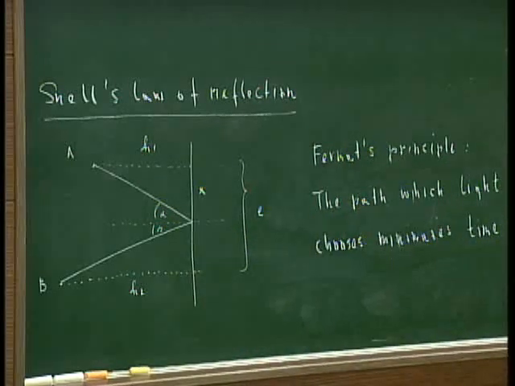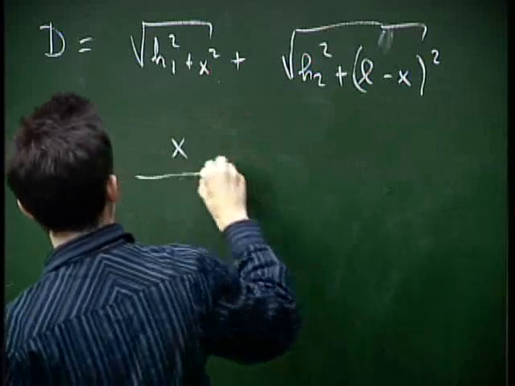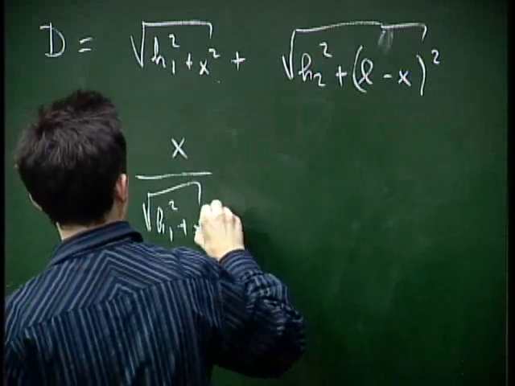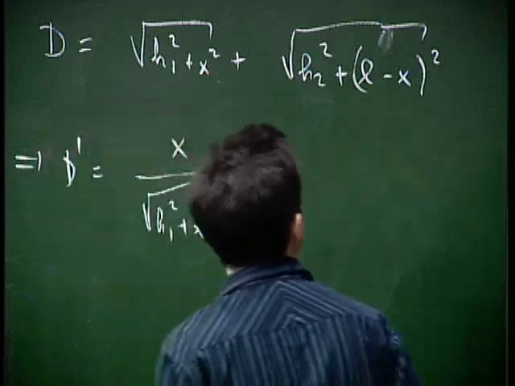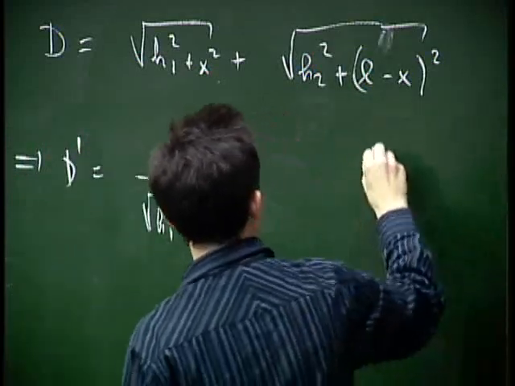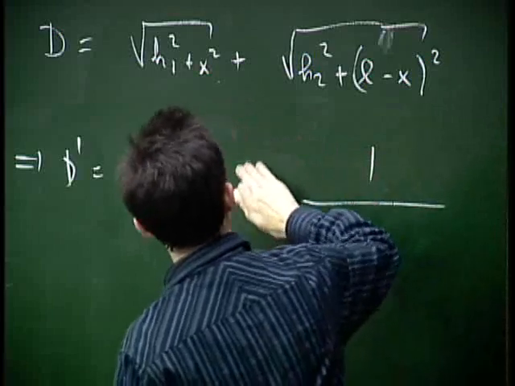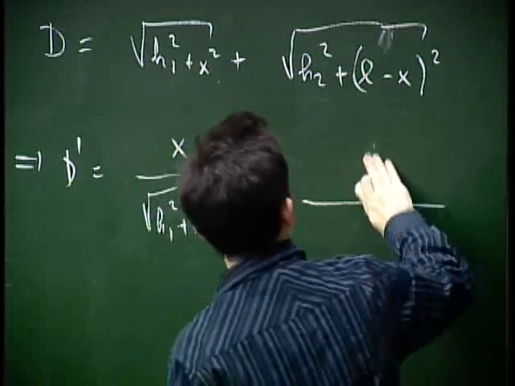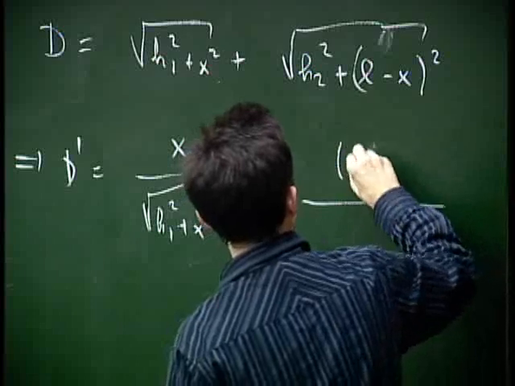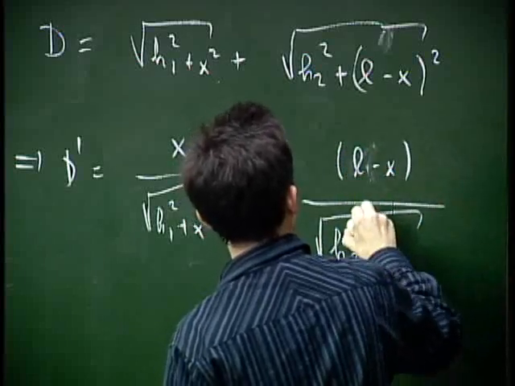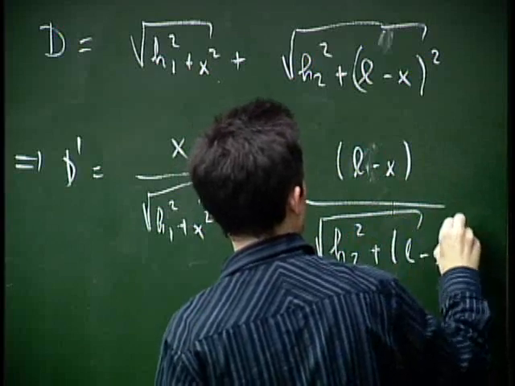Now, we take the derivative here. So you have x over the square root of h1 square plus x square, plus the derivative of this one, so this is 1 over, you have 2, so minus L minus x over the square root of h2 square plus L minus x square.